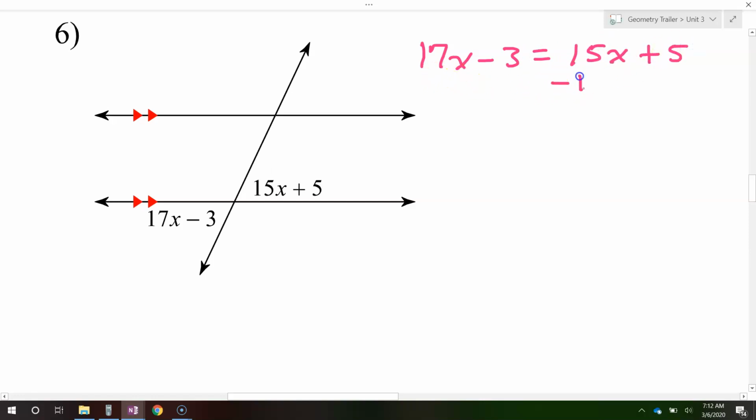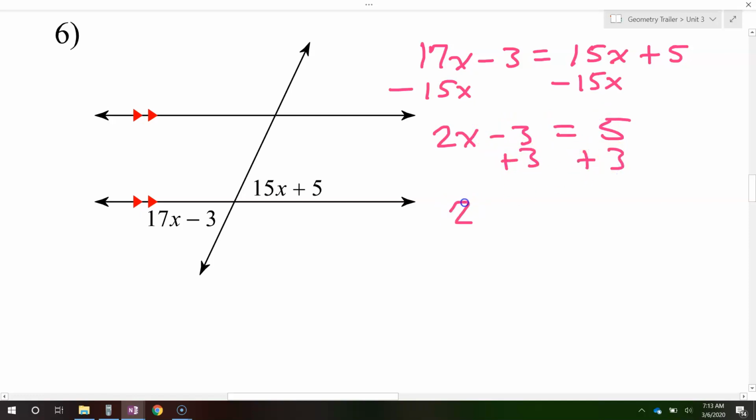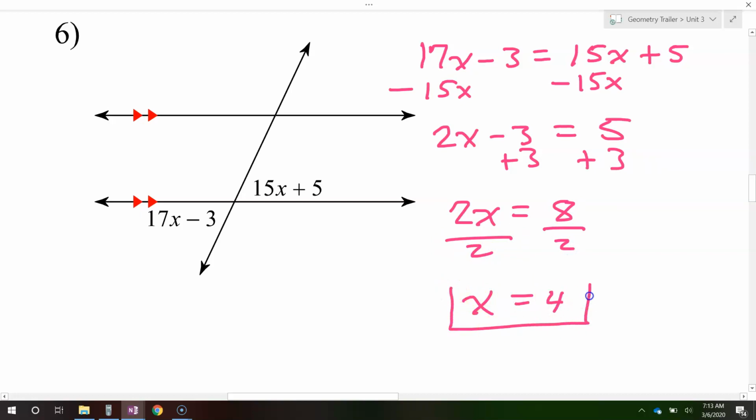Variable on both sides, I'm going to subtract one of them. So that's going to leave me with 2x minus 3 is equal to 5. And then we should add 3 to both sides, which gives us 2x equals 8. And when we divide both sides by 2, we get x equals 4. All right.